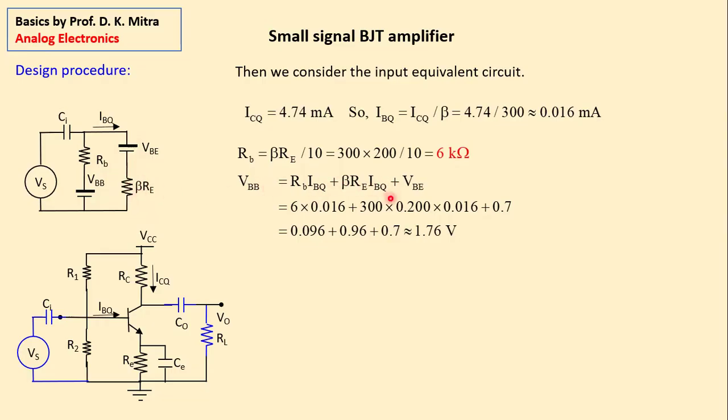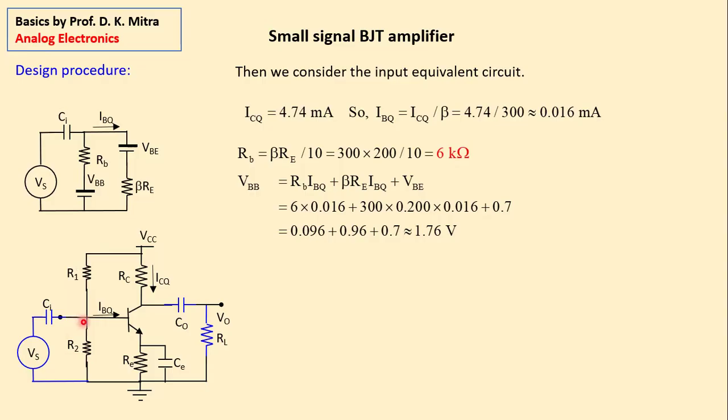If you calculate all these things, VBB voltage becomes 1.76 volt. That means you want a potential divider here to be designed in such a way that 10 volt is divided here to 1.76 volt. So now you have to decide R2 and R1 so that this is 1.76 volt.